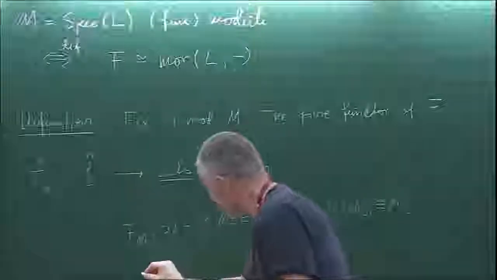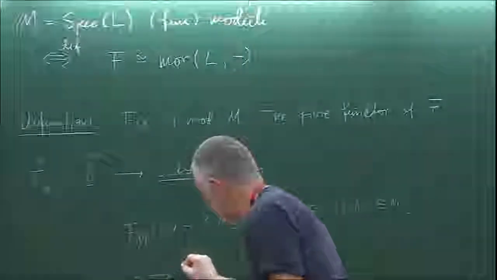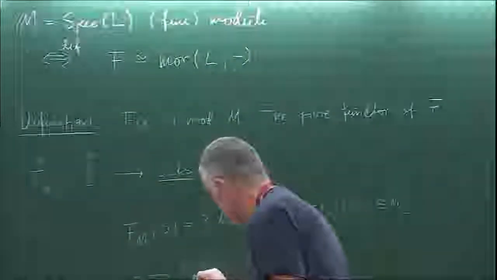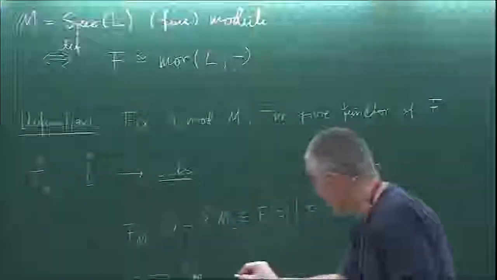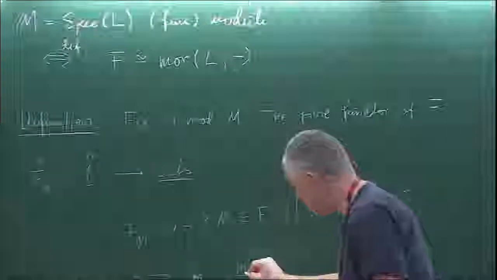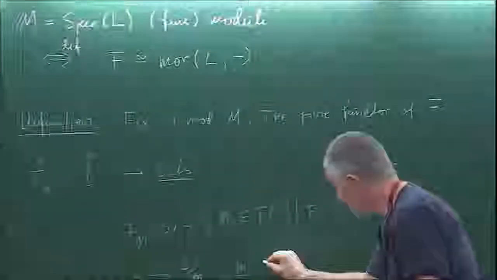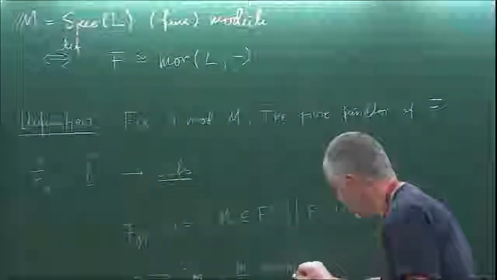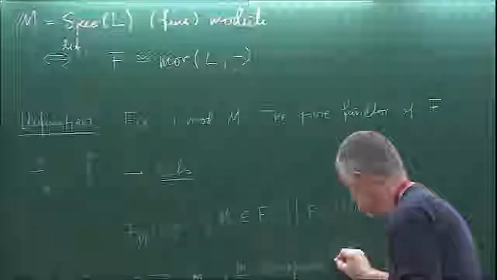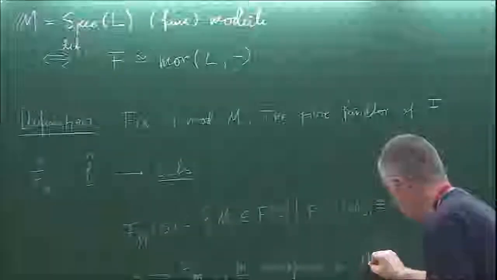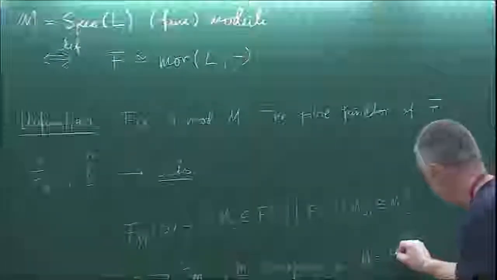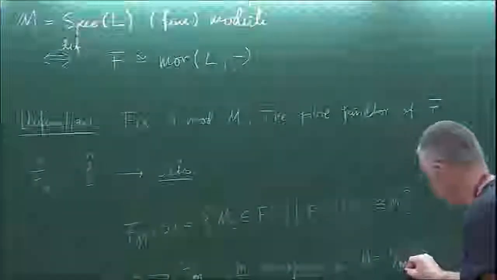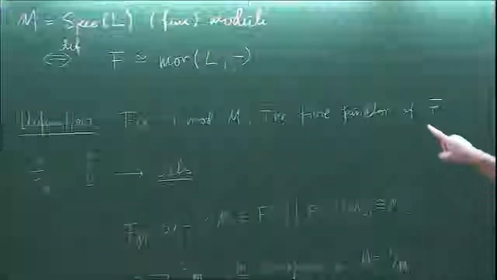And then we have S to S divided out by I, and M corresponds to M, which is equal to L divided out by the maximal ideal, which is the fixed module.